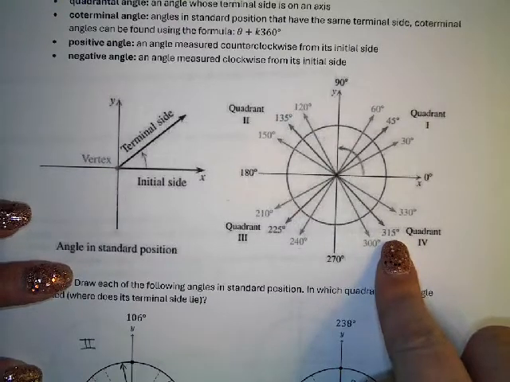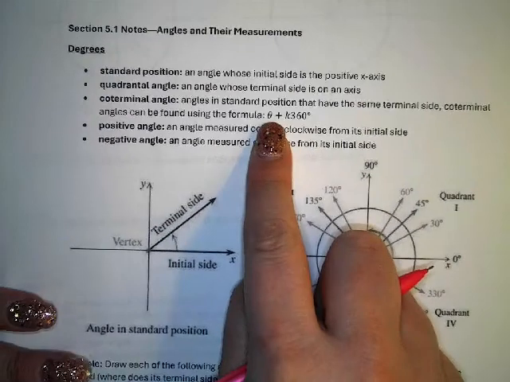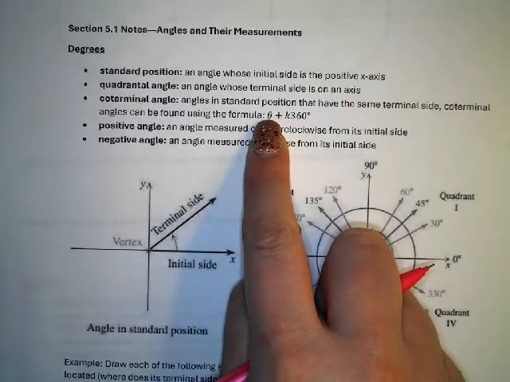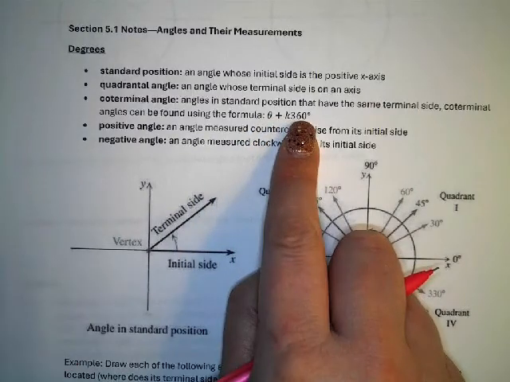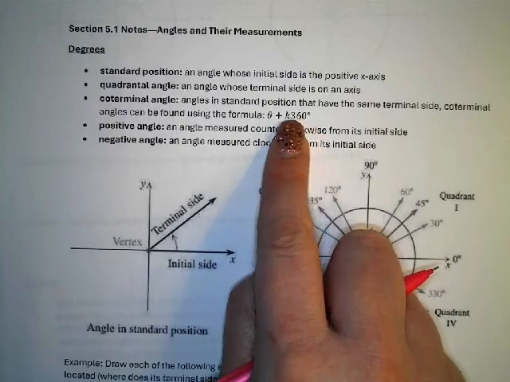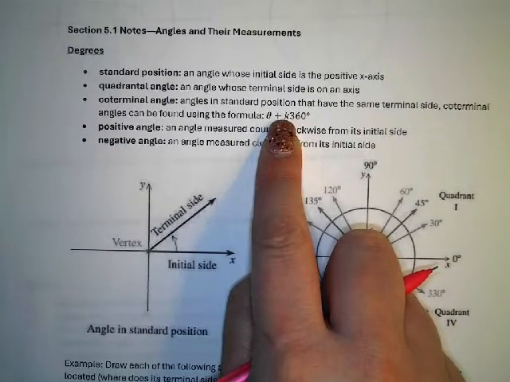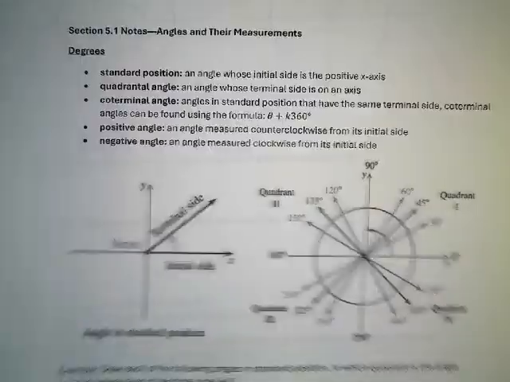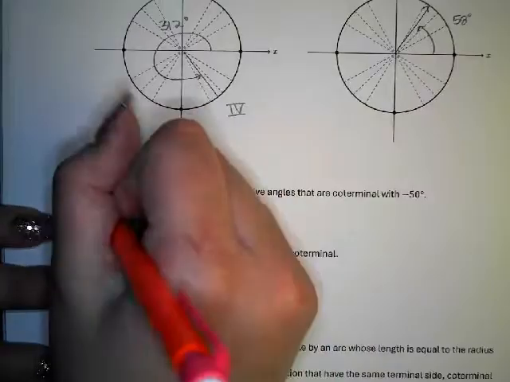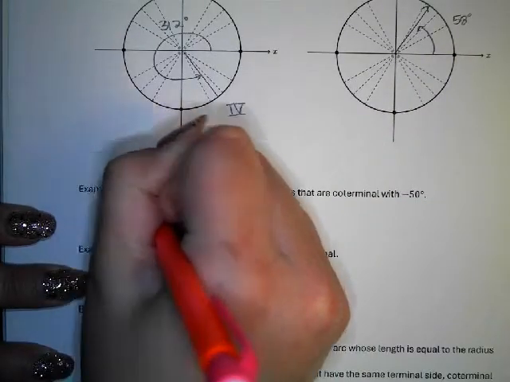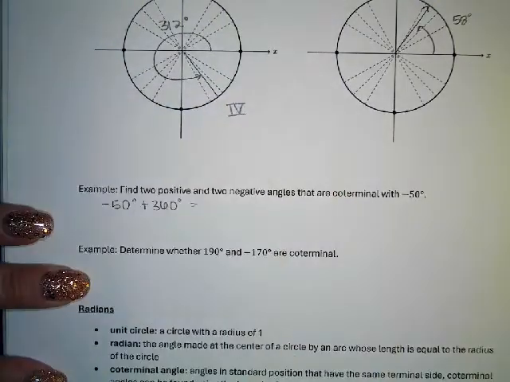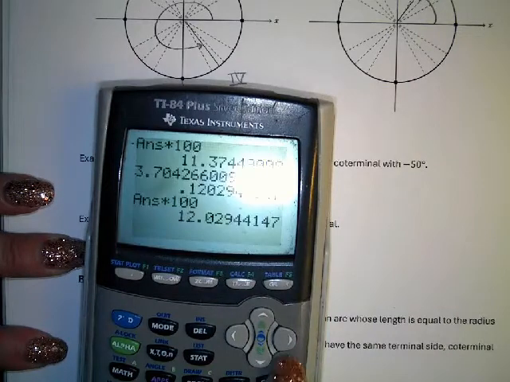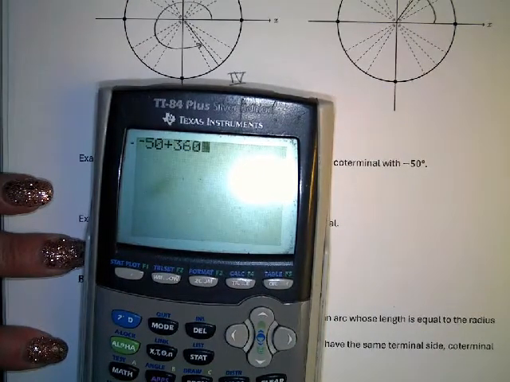The way that we calculate coterminal angles is we take the angle that we are working with, in this case -50, and we add k multiples of 360. So for positive multiples, we add 360, or for negative multiples, we subtract 360 to get those other measurements. So -50 degrees plus 360 gets me my first positive coterminal angle, 310.